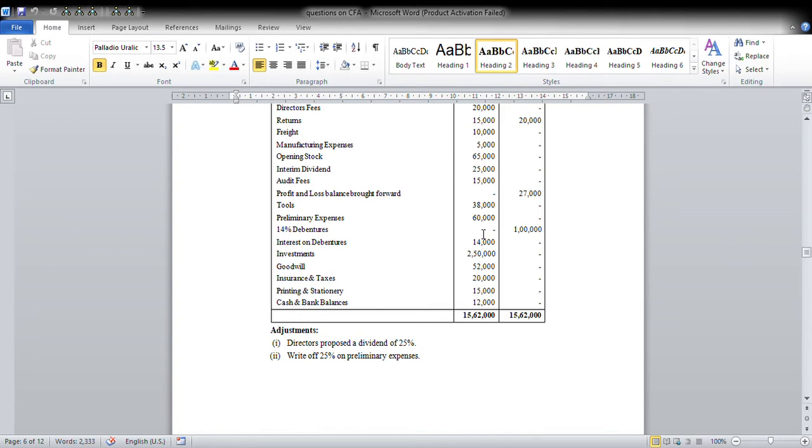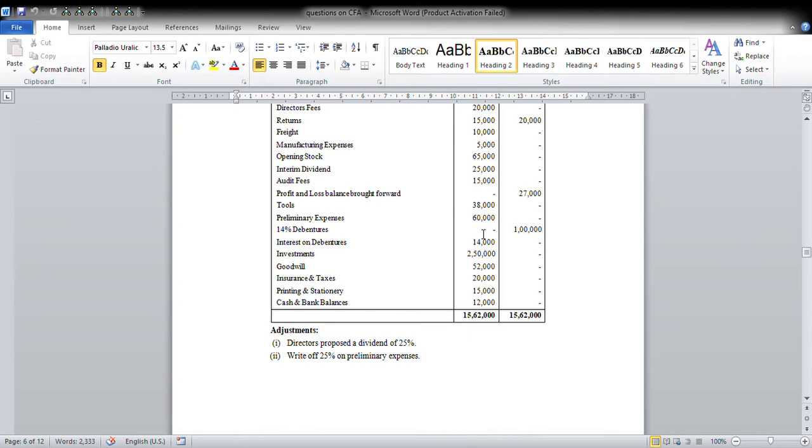Then followed by 14% debentures. So debentures will be shown under long-term borrowings on the liability side. Then we have interest on the debentures. Whenever interest on the debentures is given, you should always see whether the full amount towards the interest has been paid for the year or not. So when you calculate 14% on the debentures of 1 lakh, the amount of the interest for the year is also 14,000.